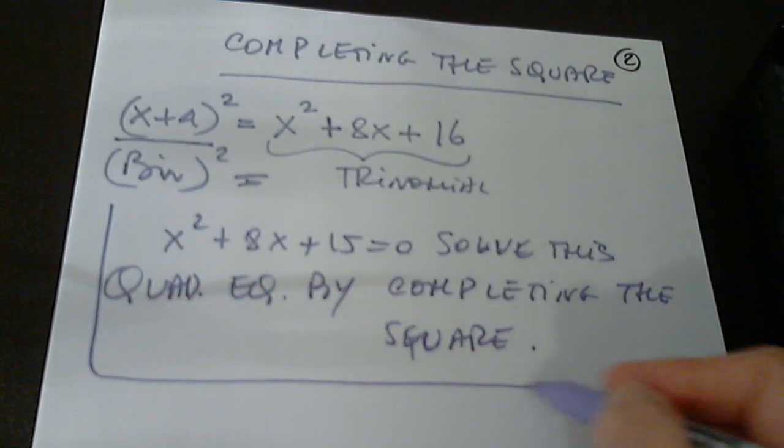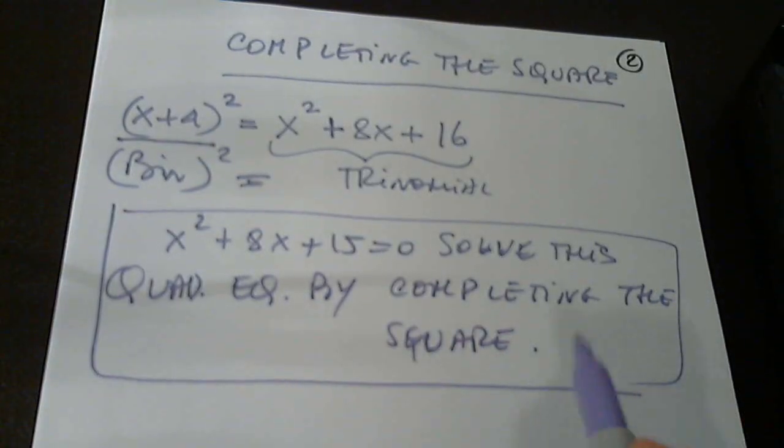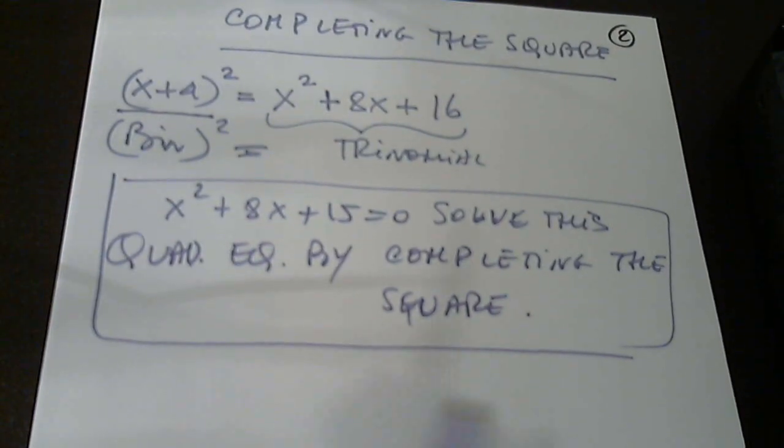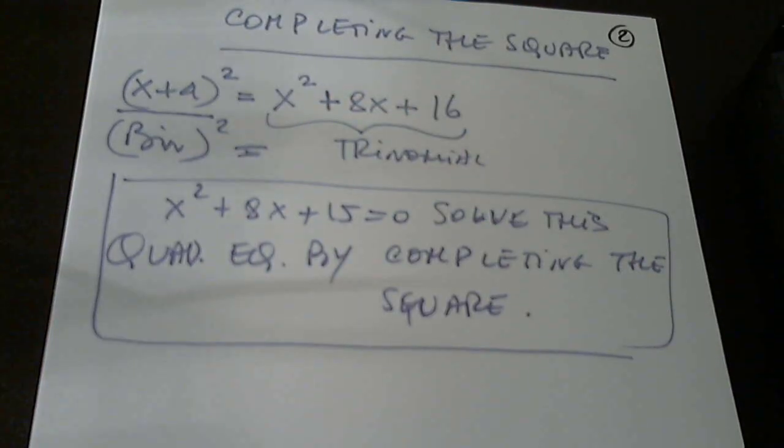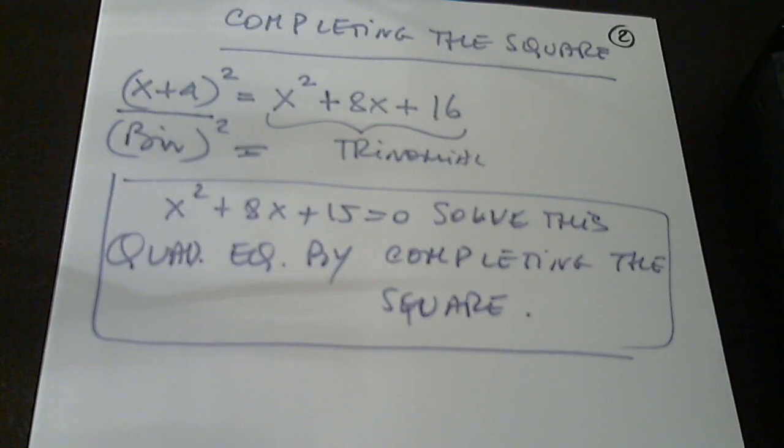So this is our question at this point. We picked an equation, it's quadratic. Solve it by completing the square. Now you're going to see the comparison here and why I came up with that one.